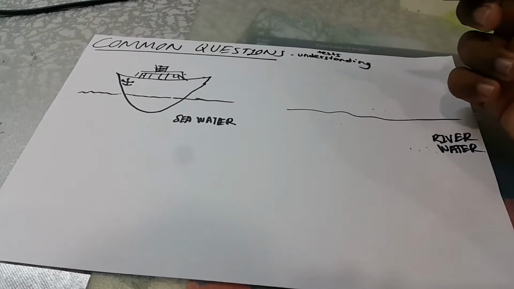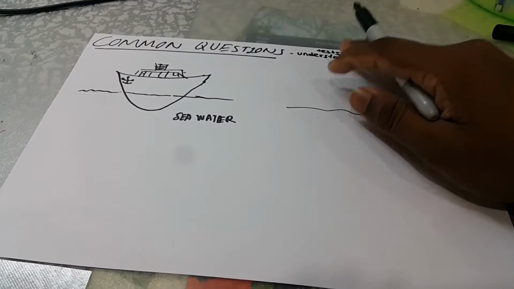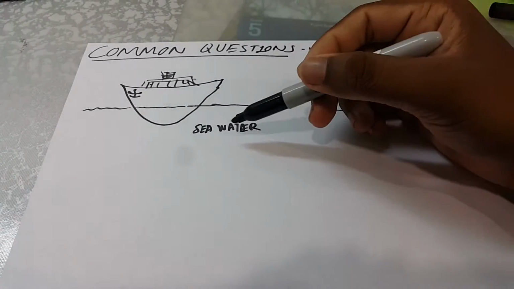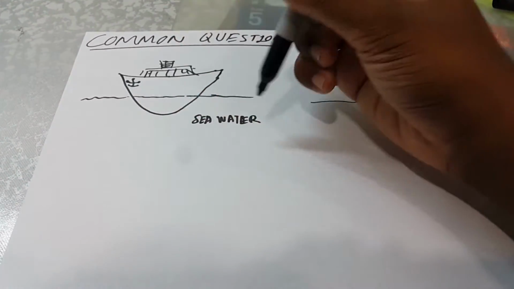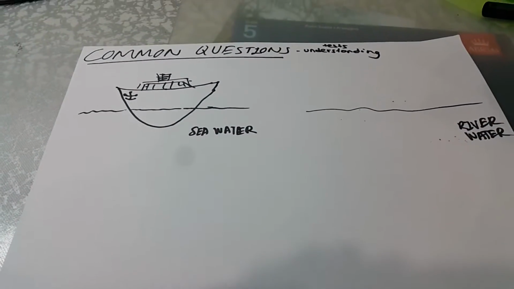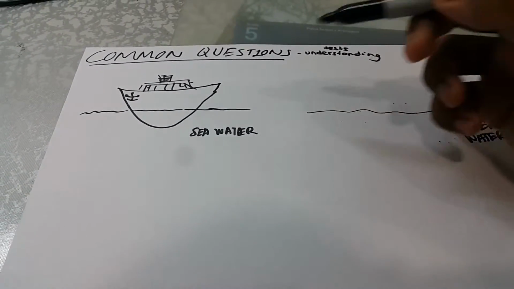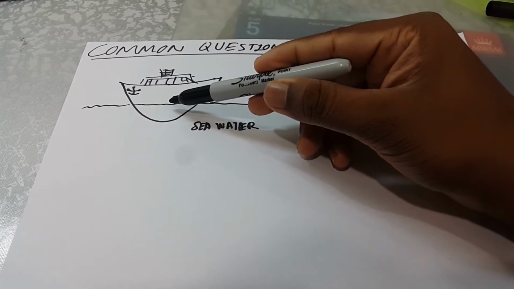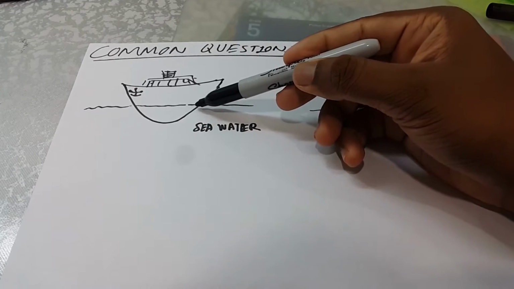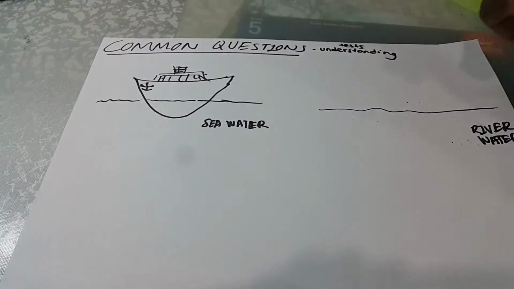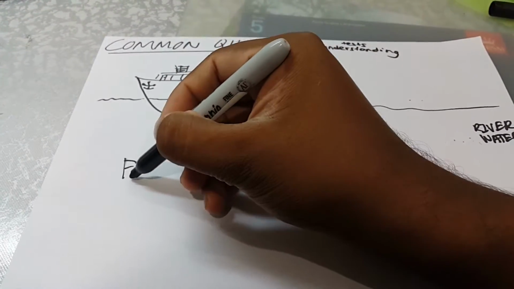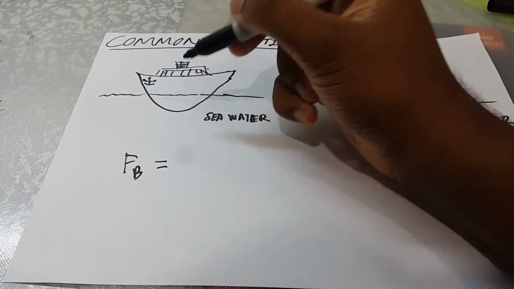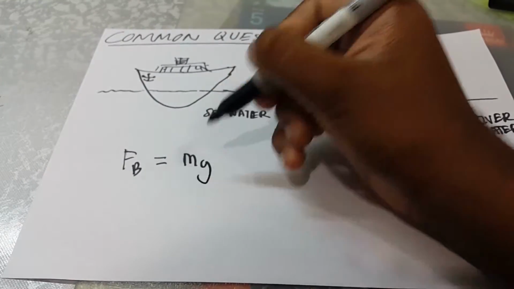This question usually tests your understanding of this subtopic. So here's seawater and river water, and here's the ship. The ship has sunk a certain amount, and now it's floating. So technically the buoyant force acting on this ship is equal to the weight of the ship.